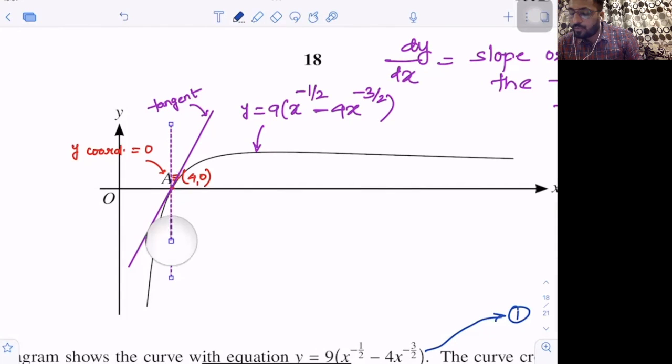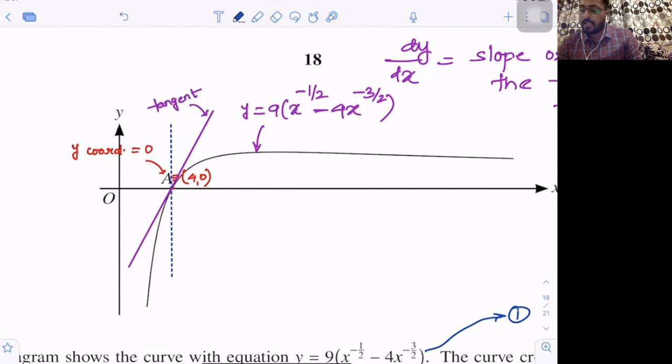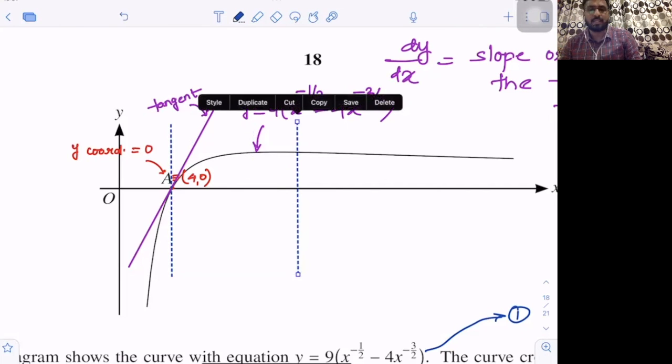So I'll just draw a very proper line. This is the line x equal to 4, and then there will be another line which is x equal to 9, maybe at this particular place. Okay, just a random diagram that I've drawn.